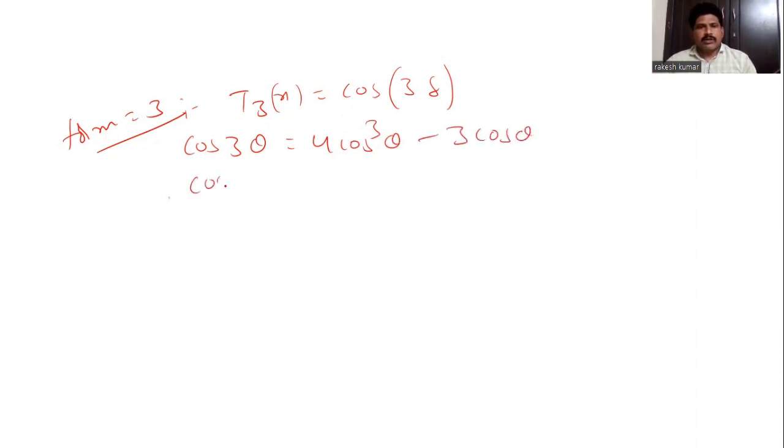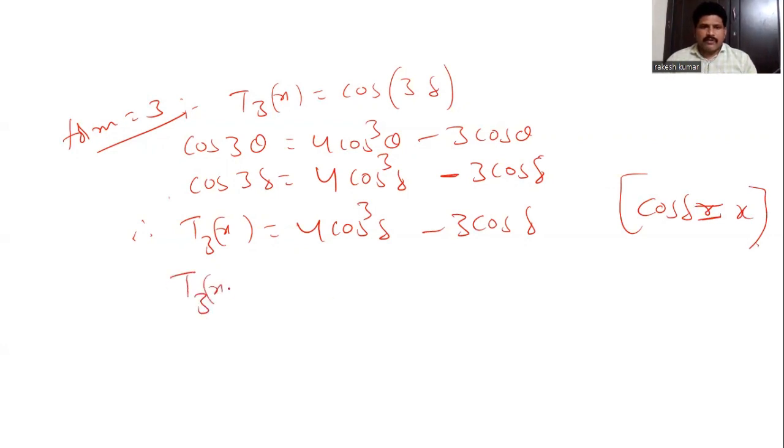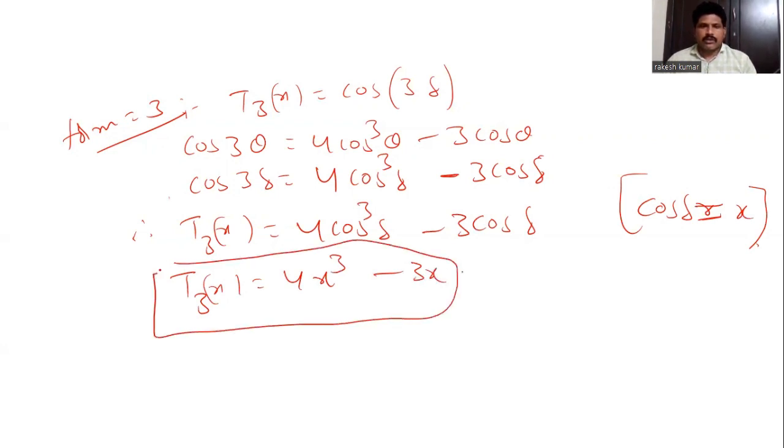So similarly, cos 3 delta is 4 cos cube delta minus 3 cos delta. Therefore, T3 of x is equal to 4 cos cube delta minus 3 cos delta. We know cos delta is equal to x. Therefore, T3 of x is equal to 4x cube minus 3x.